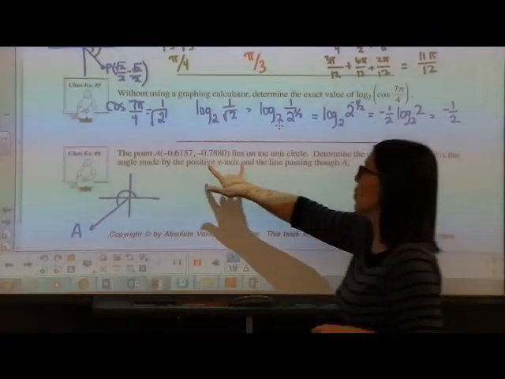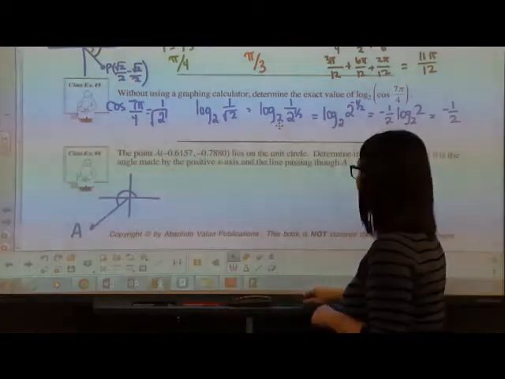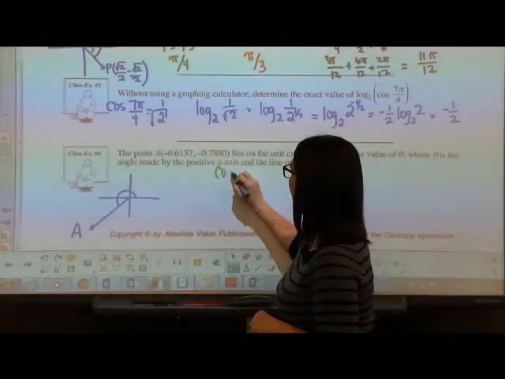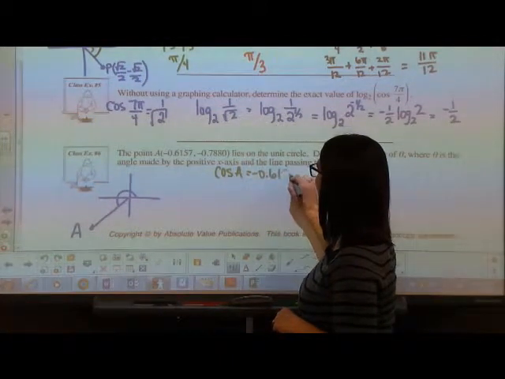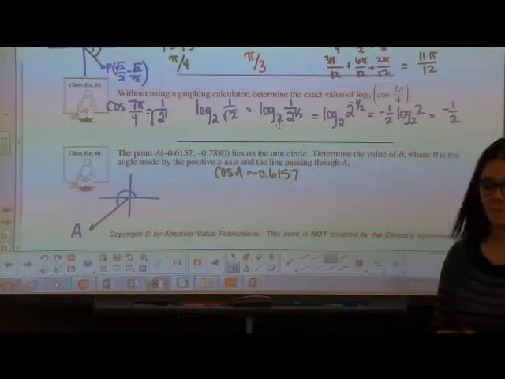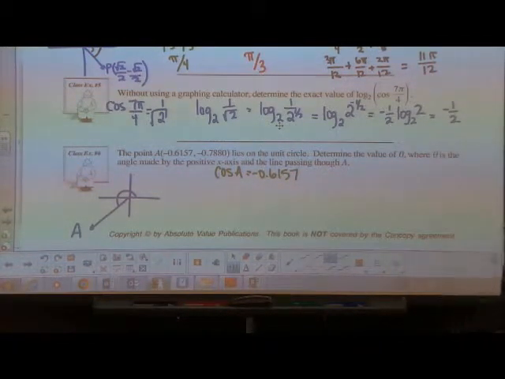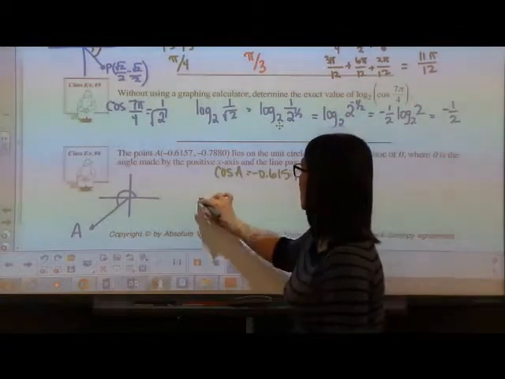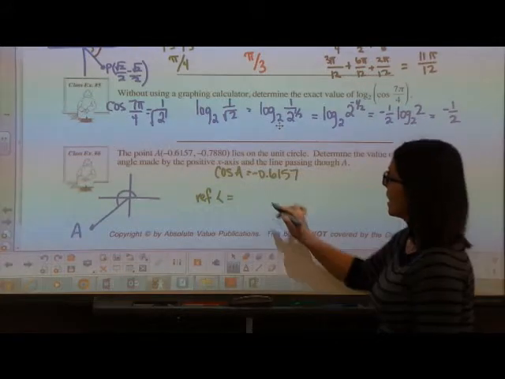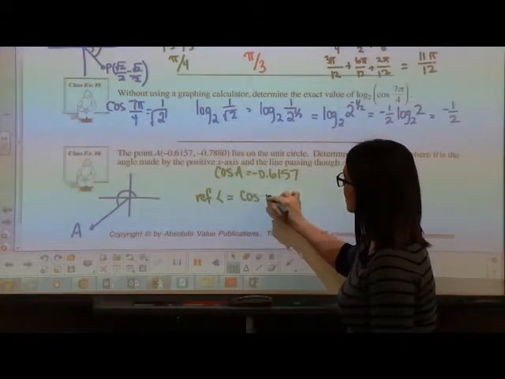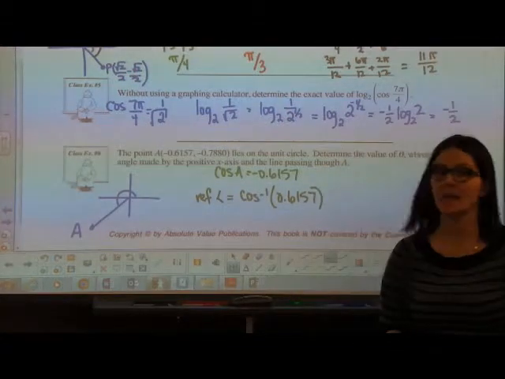What do I know about these points? They're cosine, sine. So that means that cos A is equal to negative 0.6157. So what I'm going to do is find my reference angle. When I do my reference angle, use the positive value, not the negative.